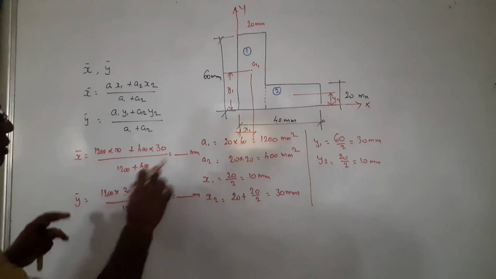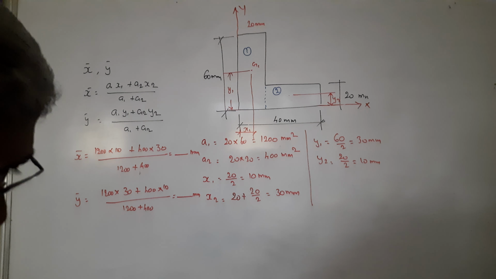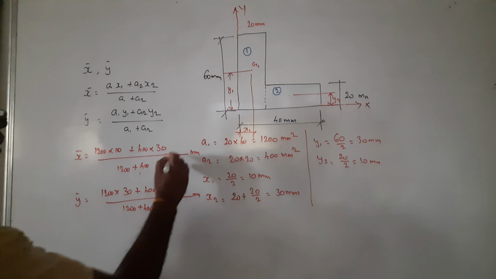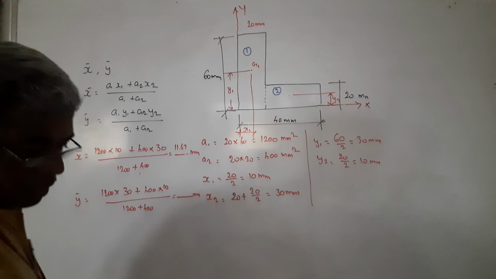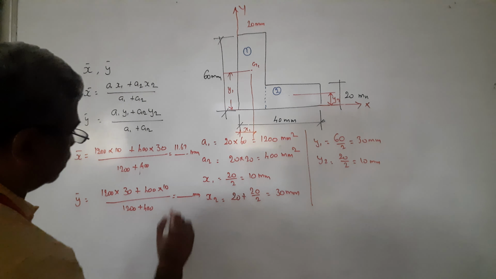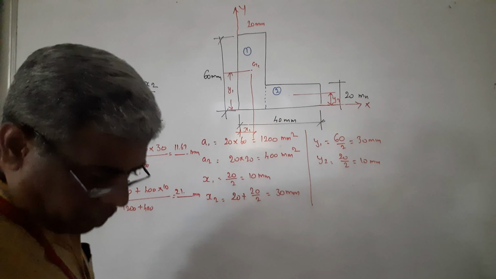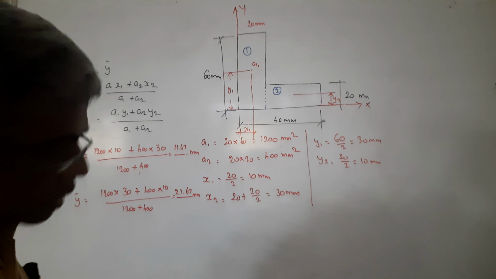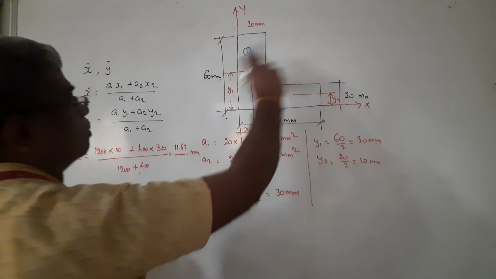Now based on this, the value for x bar is equal to 11.67 and y bar is equal to 21.67. Let us mark the centroidal axis in the actual plane figure.